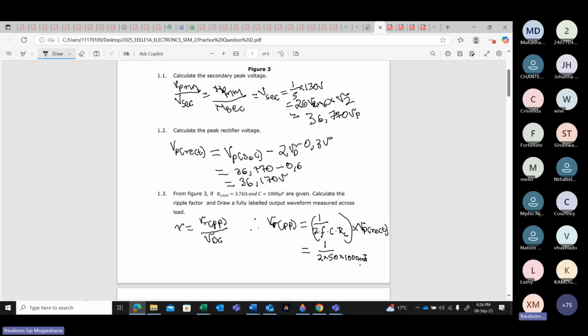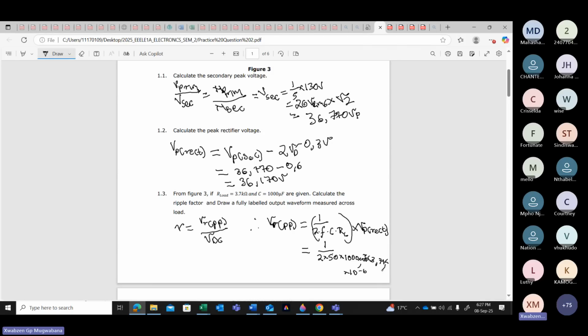Now, you know that 1000 microfarad is the same as multiplied by 10 to the exponent minus 6. Are we together? Multiplied by also your resistance value, which is 3,7 kilo.